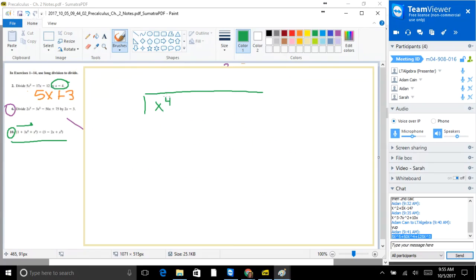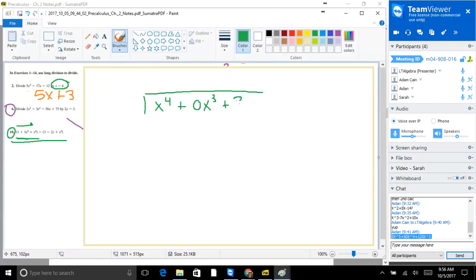And then when we get to x to the third power, we don't have one, but you actually want to go ahead and put a placeholder in for each of the lower degrees, even though they're not in your equation, because when you're doing your division, you might actually end up with an x to the third power and need to be able to subtract from that. So you'll see in my original polynomial, I don't have an x to the third power, but I want to go ahead and put a placeholder in there.